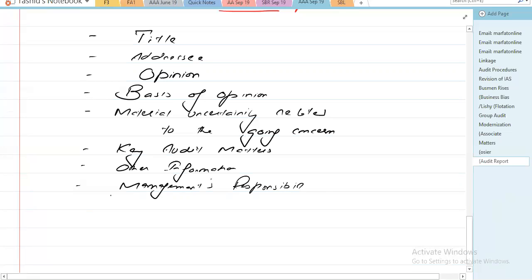Obviously I'm not going to write the full report over here. I'm just making the headings in order to explain what we'll be writing in each of the heads.